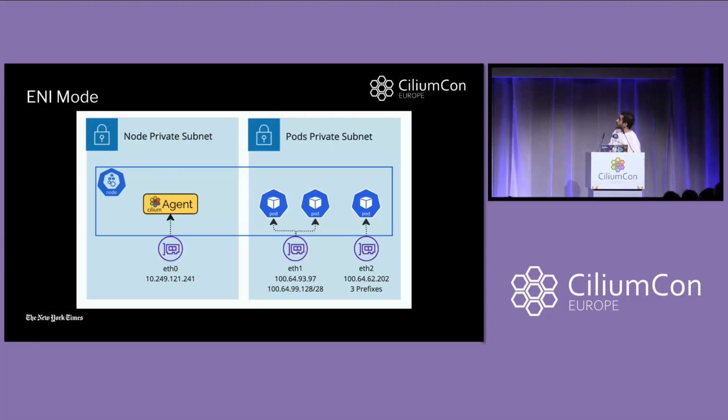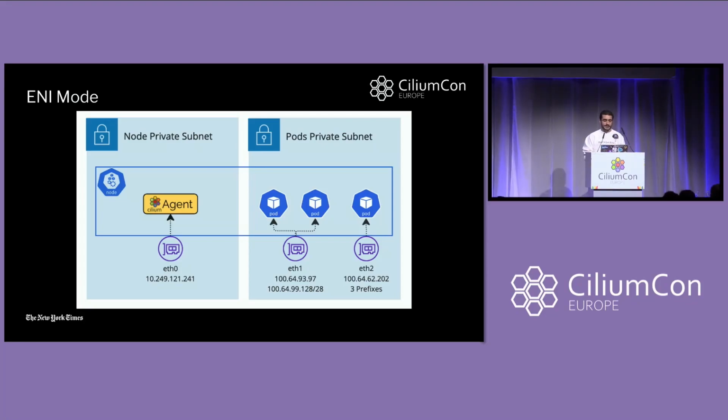A couple of things here to unpack. That's another subnet, and you can see a couple of ENIs, and multiple IP addresses and prefixes. There's a limitation when you run EC2 instances: there is a limit on the number of ENIs that you can attach to the instance. Depending on which type of instance you run, that may be problematic for shared clusters.